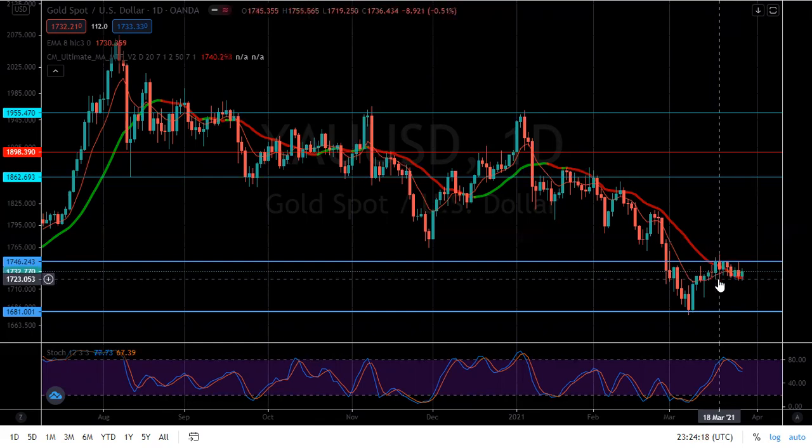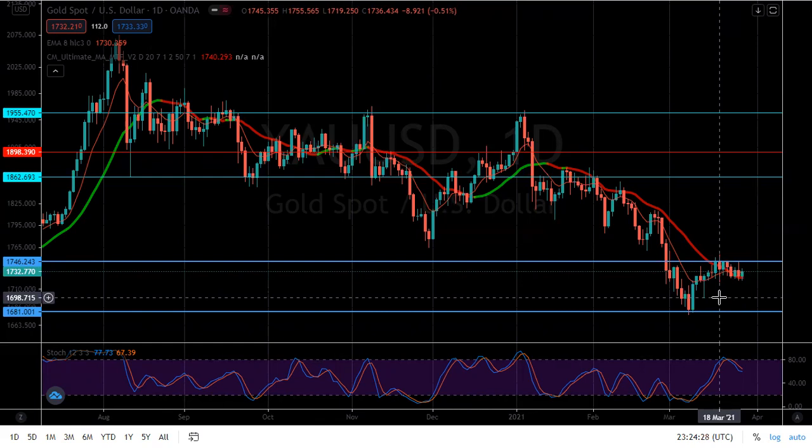And if we have a break and close below the lows of this candle here at the 1719 area, then we'll be looking forward to going really low. We could go as low as the 1700 area, or maybe retest these lows here at the 1681 area.